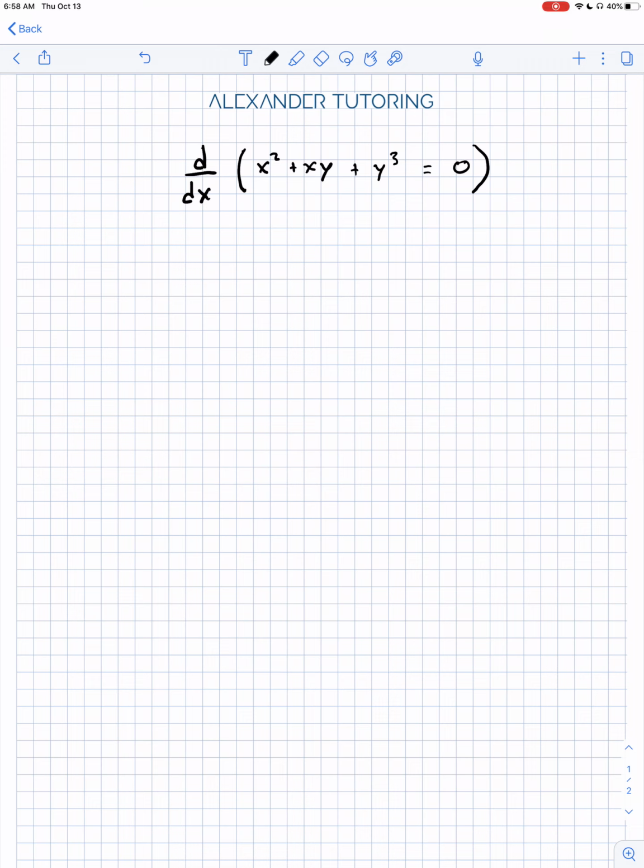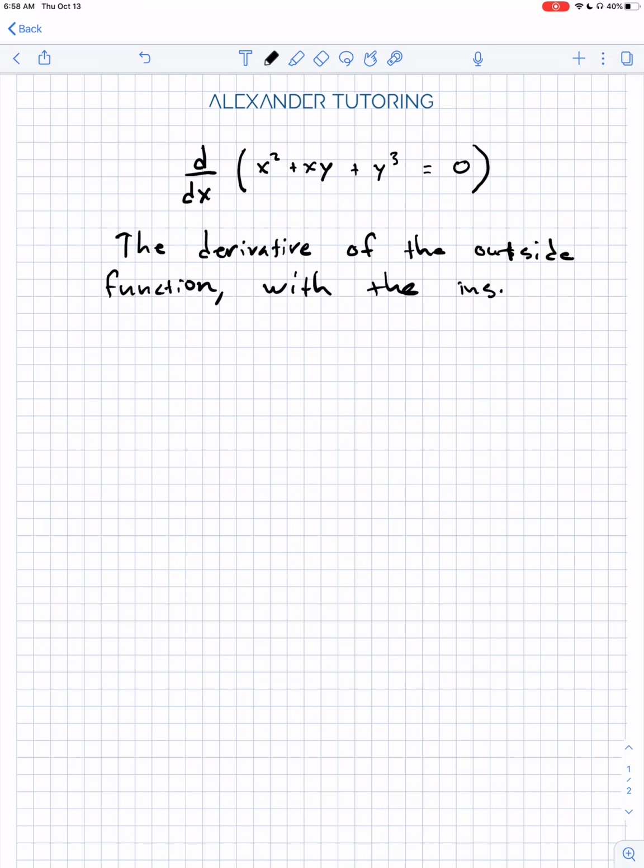But recall that the chain rule, the way I like to talk about it in words, is the derivative of the outside function, with the inside function plugged in, times the derivative of the inside function.